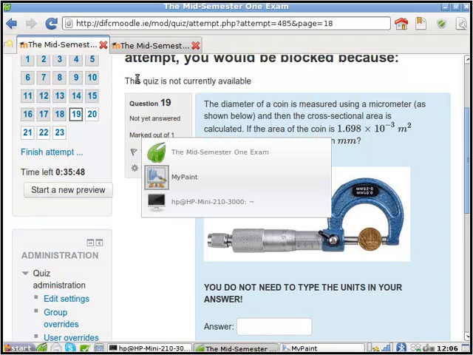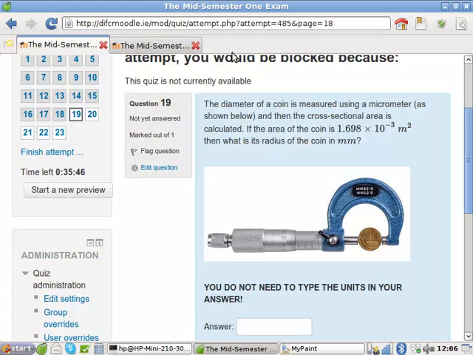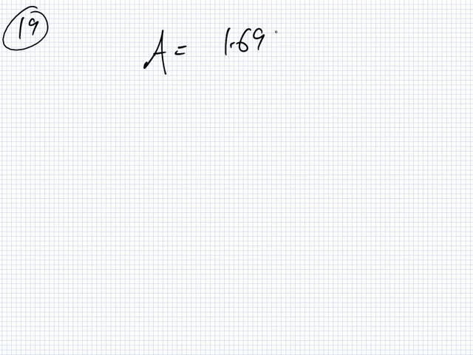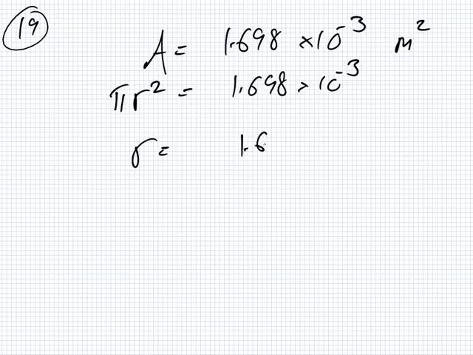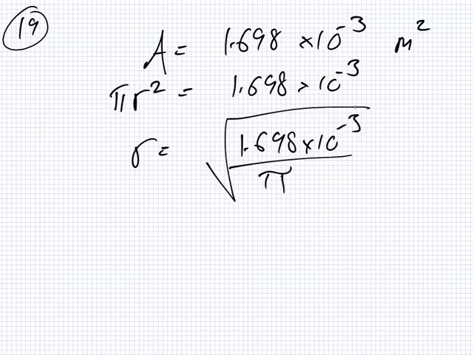So the area, 1.698 times 10 to the minus 3 meters squared. Pi r squared equals 1.698 times 10 to the minus 3. So r is the square root of 1.698 times 10 to the minus 3 divided by pi.